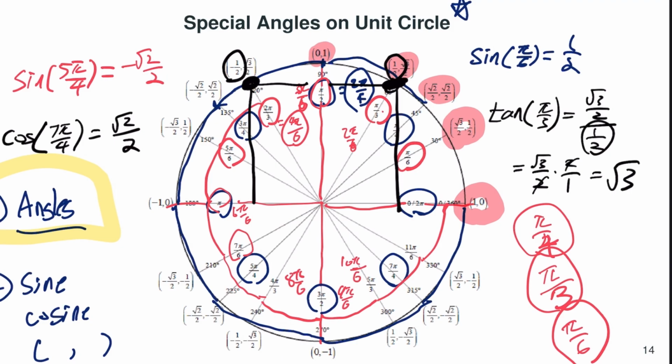Look at this value. This red point and this red point have the same vertical distance, but different x values. That's why one is negative square root 3 over 2, one is positive square root 3 over 2. Similarly, I'm going to erase some of this just to not be too messy.